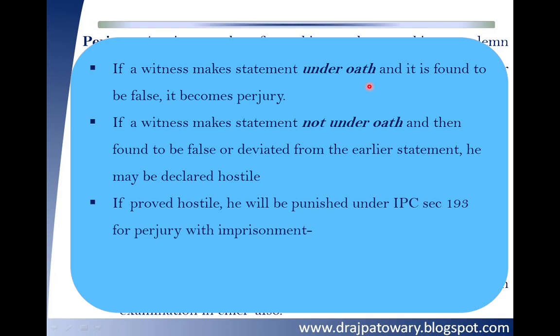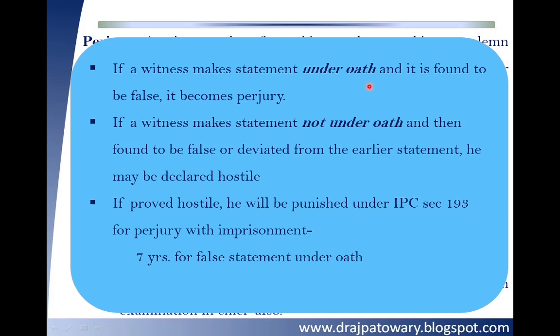If proved hostile, he will be punished under IPC section 193 for perjury, with imprisonment which may be 7 years for a false statement under oath. Suppose he has given some statement in the previous judicial proceeding under oath, and now he is giving a false statement under oath again.